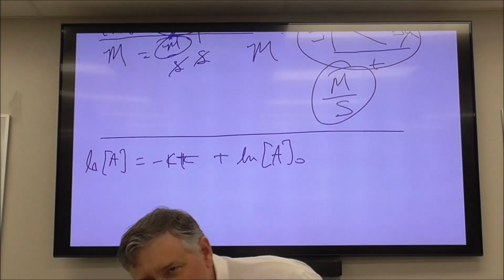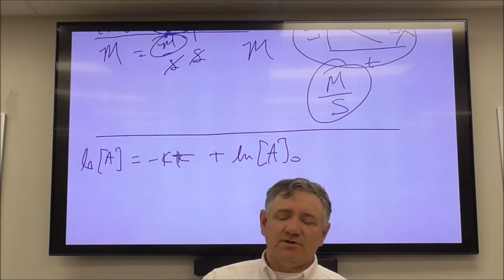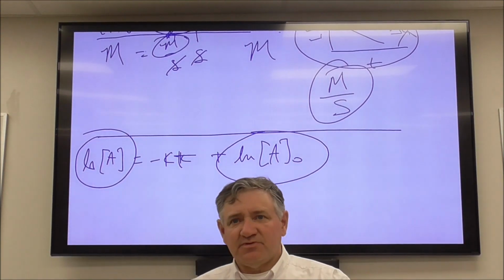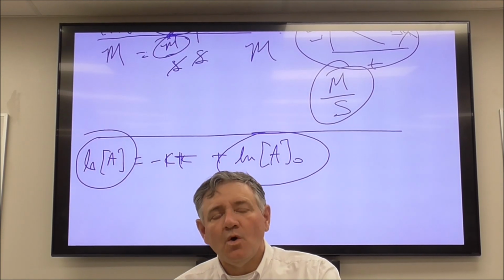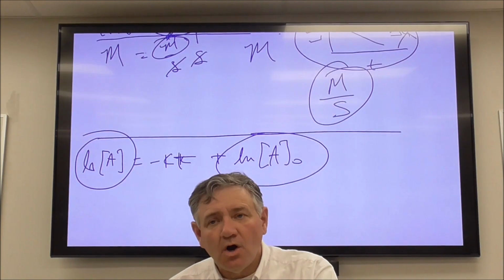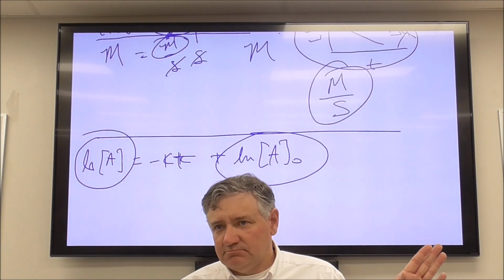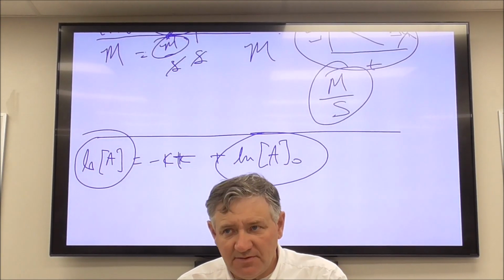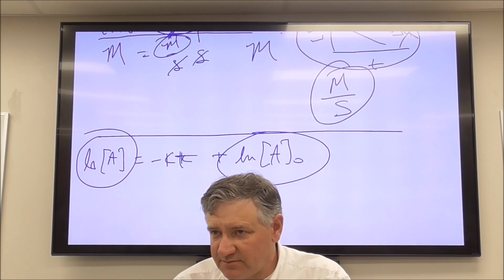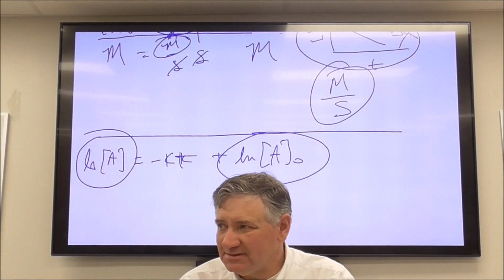This is hugely important in terms of units, and this only happens with natural logs. Once you take the natural log of something, all the units disappear. As soon as you take the natural log of anything, there are no units left over. It's gone.